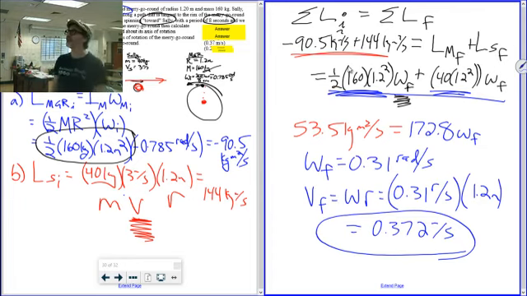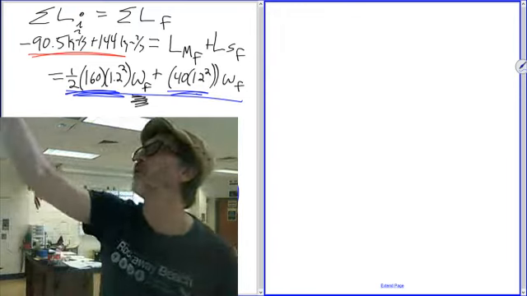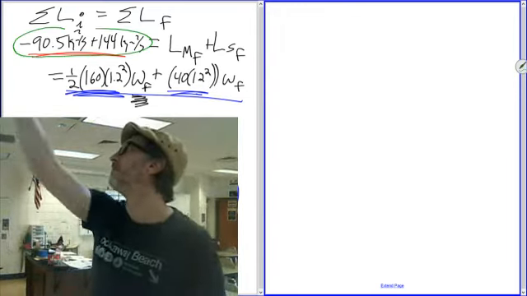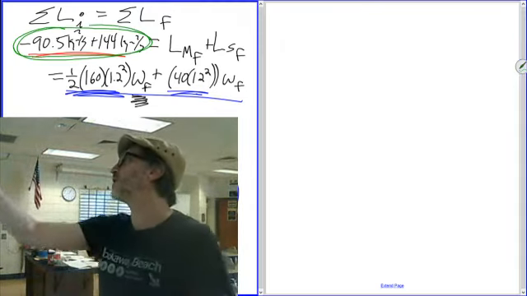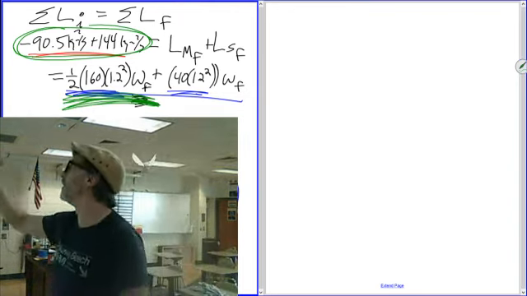All right. Now, in part D, Sally's going to crawl to the center of the merry-go-round. Okay. So again, Sally's going to push the merry-go-round, it's going to push her. No external torques, so our angular momentum is going to be the same. Here's the only difference: we're still going to have the same total angular momentum, but as she crawls, that doesn't change the merry-go-round, right?